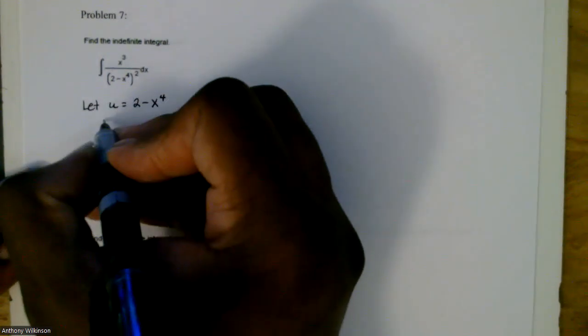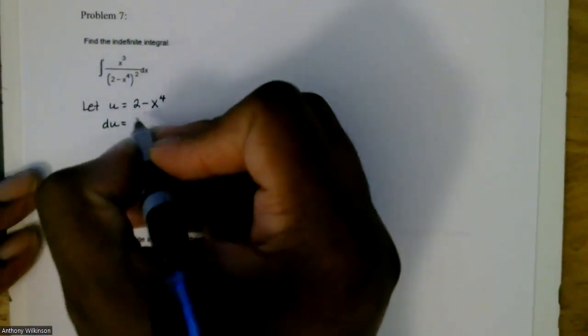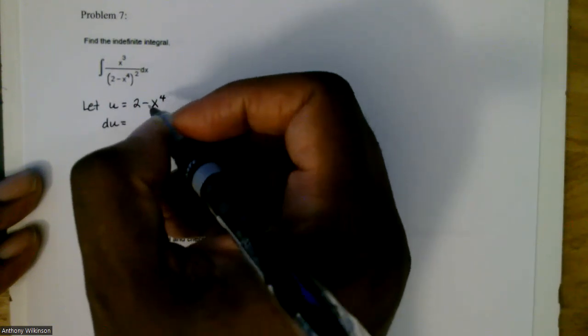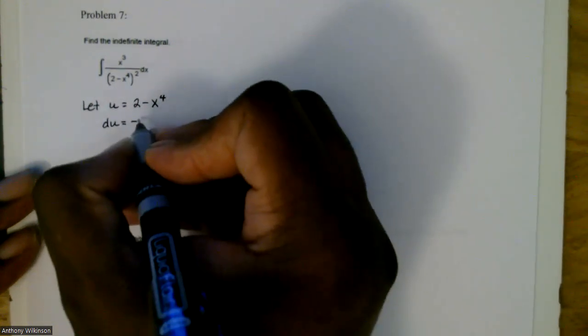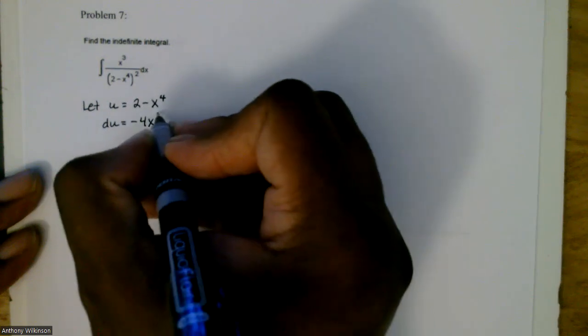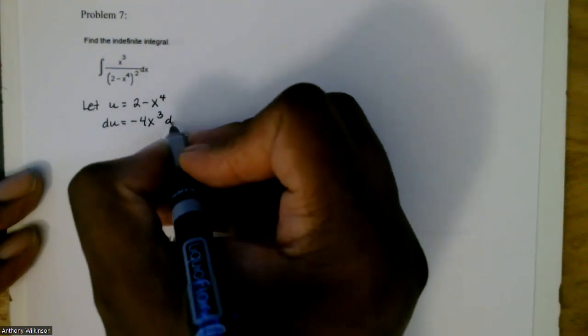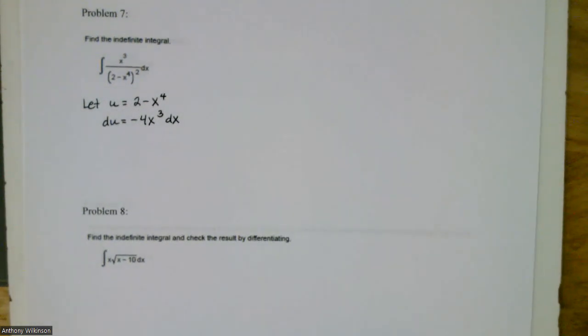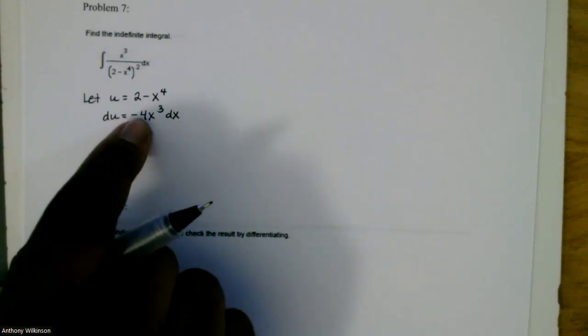And then du would be this, the derivative of 2 is 0. The derivative of negative x to the 4th would be a minus 4. Bring down the x to the 1 less power. Then include the dx. So du is equal to negative 4x cubed dx. Well, I do have x cubed and the dx, but not the negative 4.